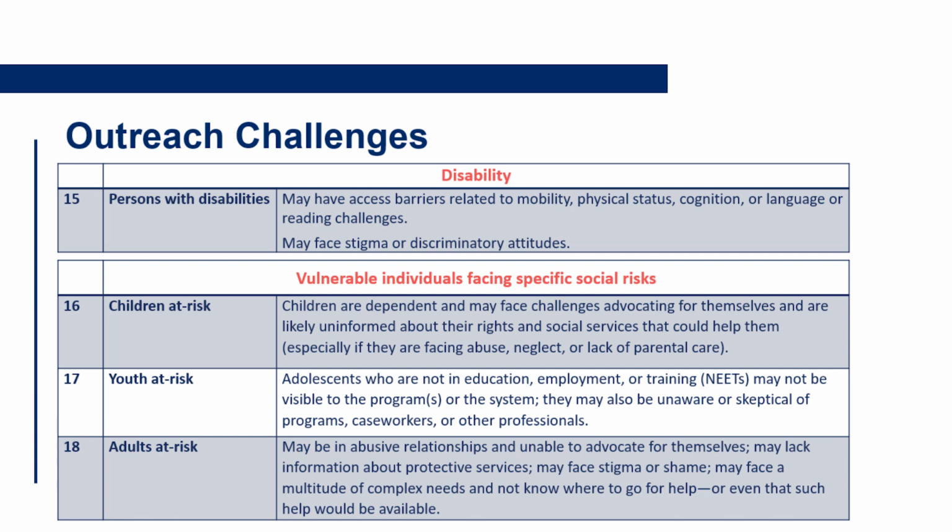Among the vulnerable individuals facing specific social risk, we have the categories of children at risk, children that are dependent and may face challenges advocating for themselves, then youth at risk, youth that are not educated or employed and may not be visible to the program, and lastly, the adults at risk who may lack information about protective services and again may face stigma or have complex needs and not know where to go for help.